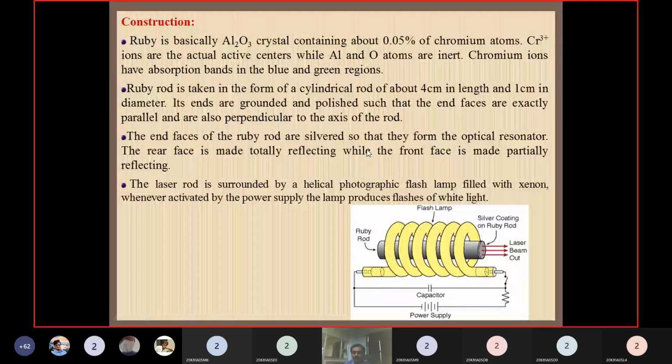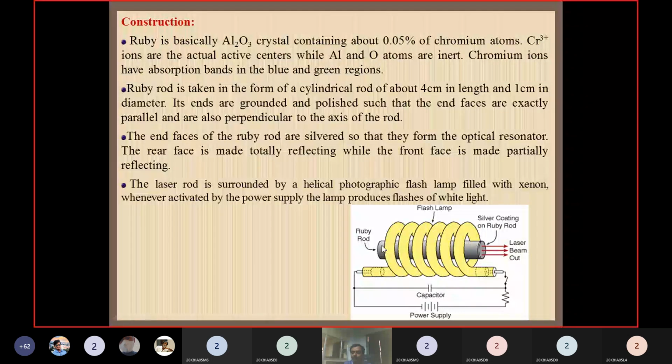Because of the full silvering, the light is totally reflected and not transmitted from this end.